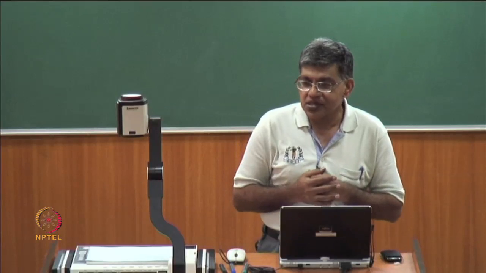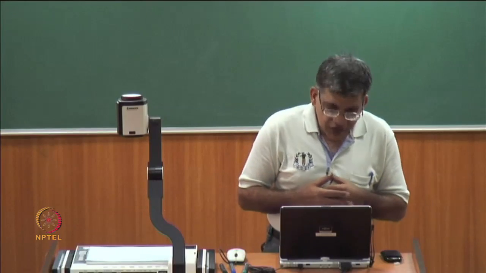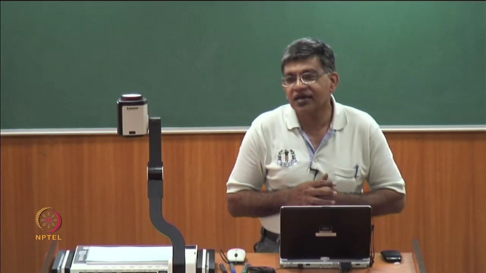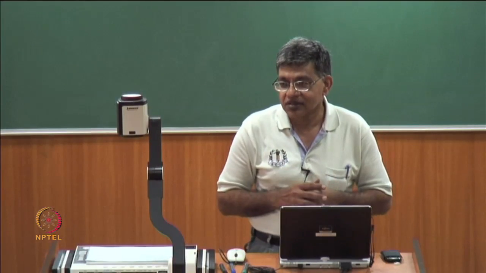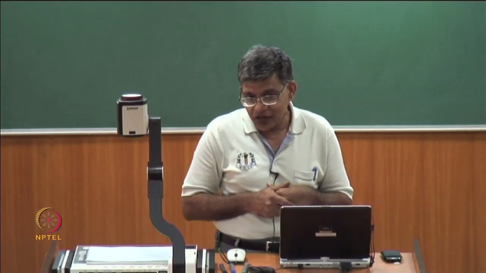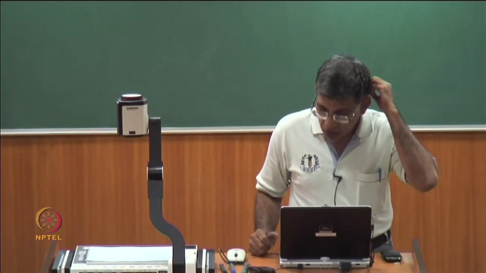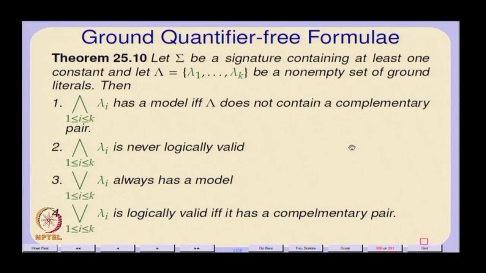If your theorem is weaker, which says that if there is a Herbrand model, then there is also a model in the outside world, then it is not sufficient, because there might be models in the outside world and you may never be able to find a model within this, right. So, this theorem is the first step towards essentially inward looking models.